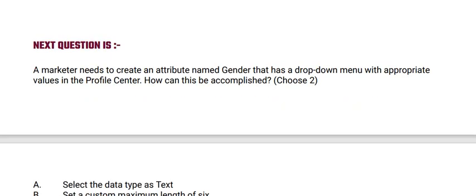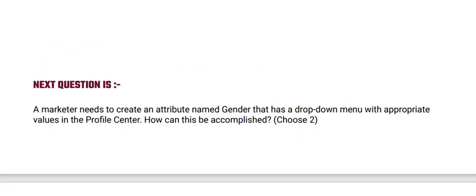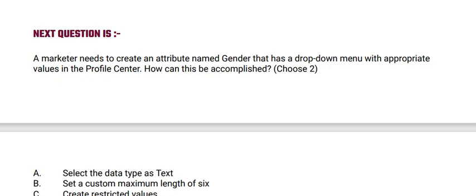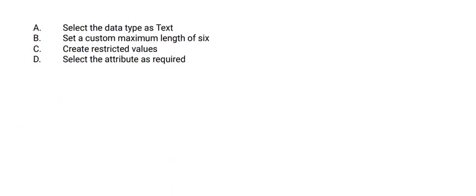Next question is, a marketer needs to create an attribute named gender that has a drop down menu with appropriate values in the profile center. How can this be accomplished? Choose two options. And the options are Option A, select the data type as text.